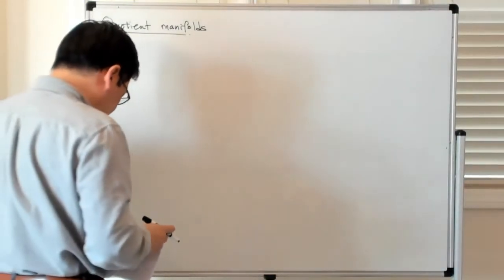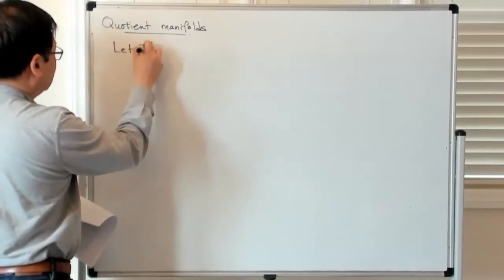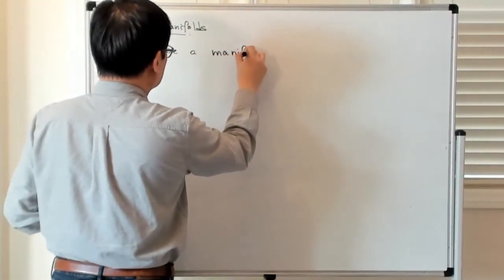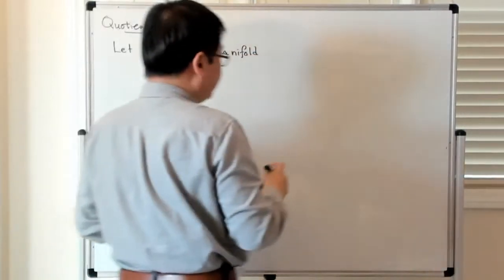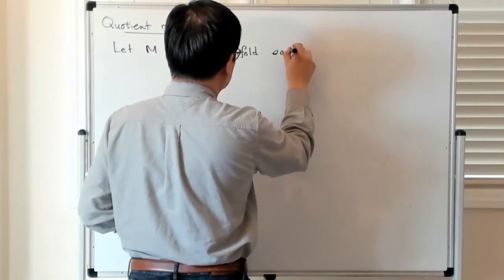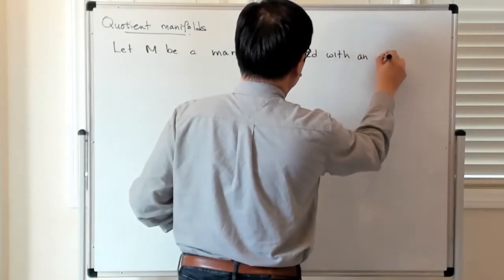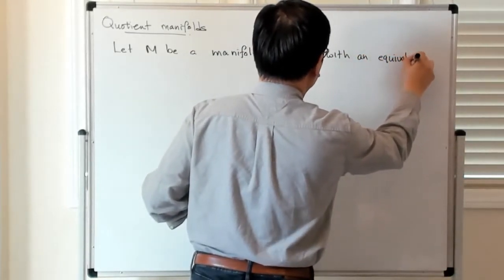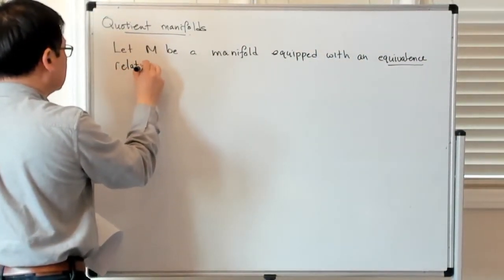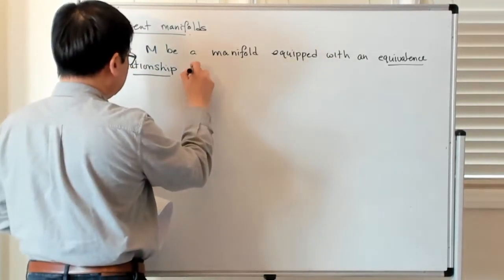Let me try to be a little bit more precise here. So let's say we have a manifold M, and we want to equip it with an equivalence relationship. This is often denoted by a tilde.